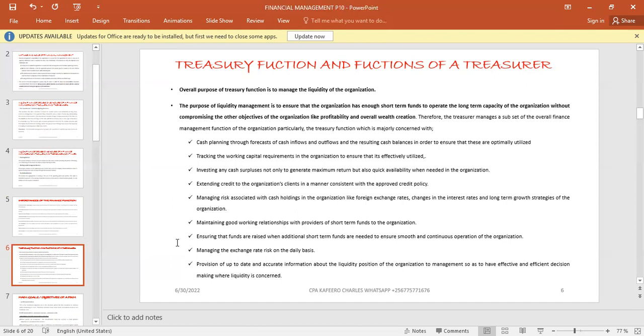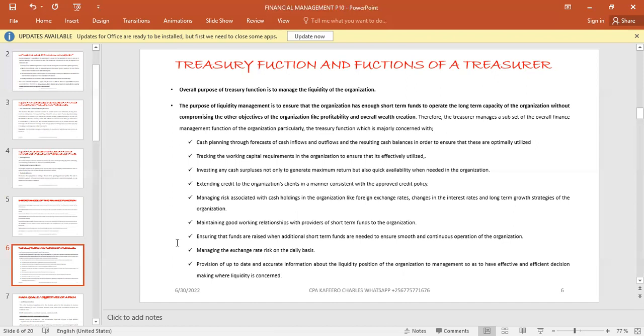So we make sure there is a good relationship with the service providers or the short-term providers of funds in the organization.